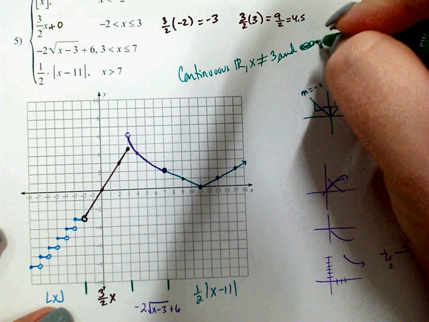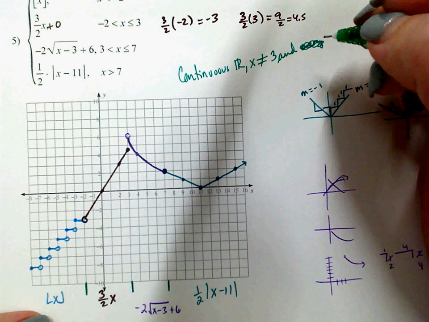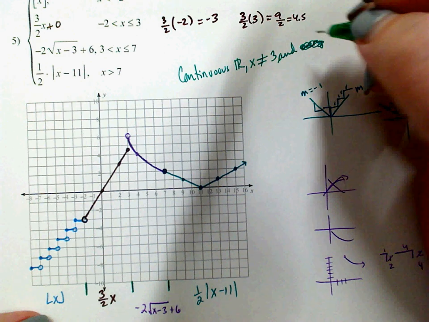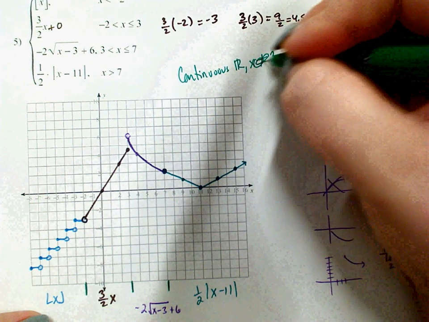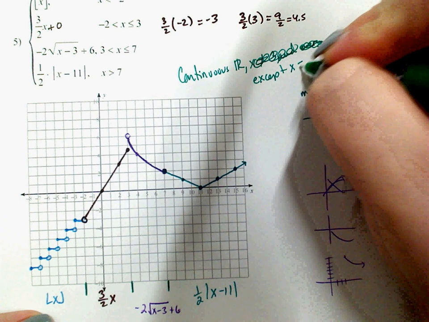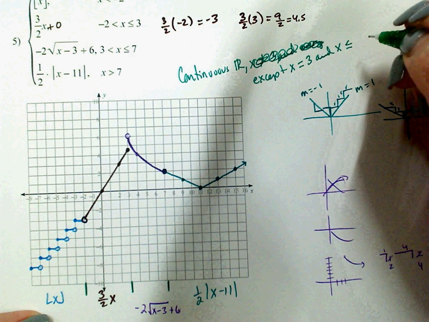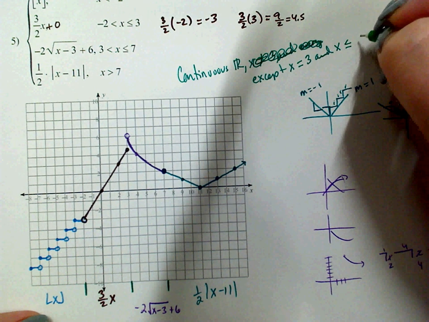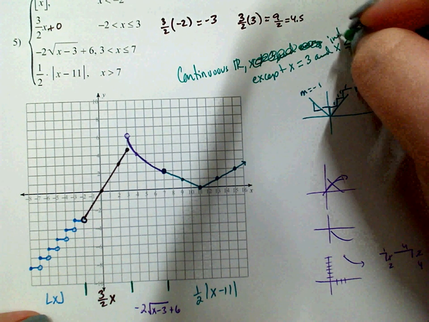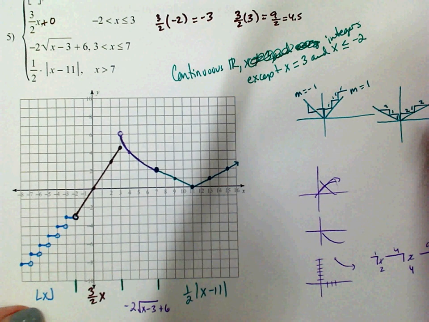Because I've got two different things, how about I do this? Continuous on all real numbers except x equals 3 and x is less than or equal to -2. And let's say integers. Integers less than or equal to -2.